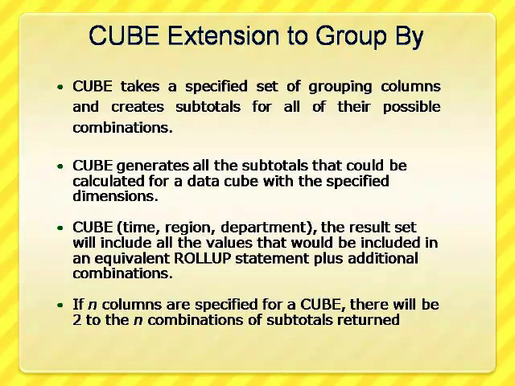If you take, for example, 3 dimensions, time, region, department, and apply the cube function over them, the result set will include all the values that would be included in an equivalent rollup statement plus additional combinations. If n columns are specified in a cube function, we will have 2 to the power n combinations of subtotals as output.